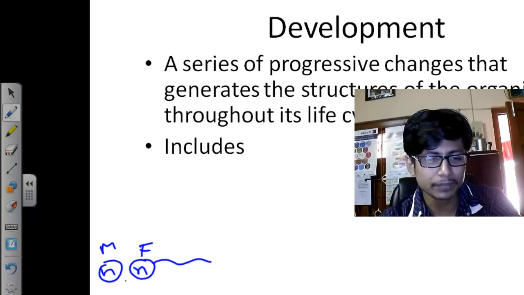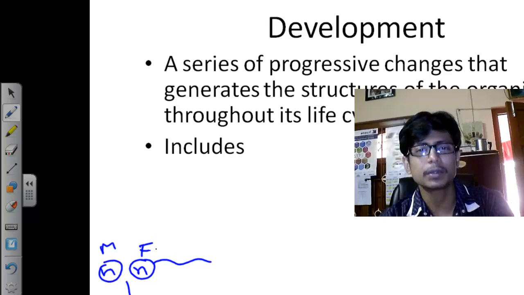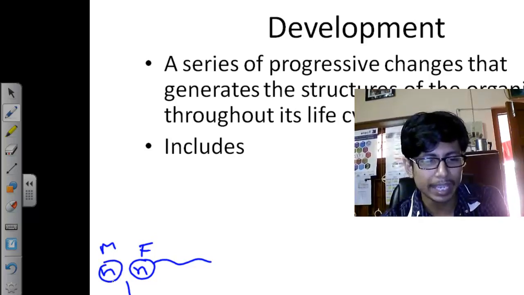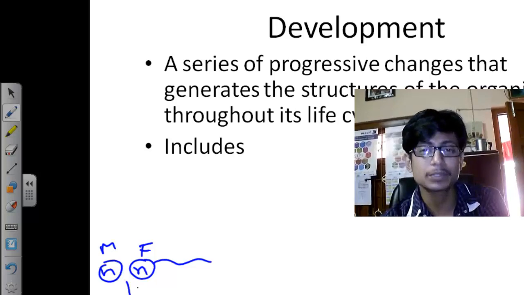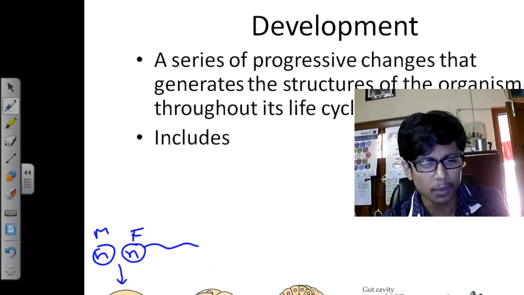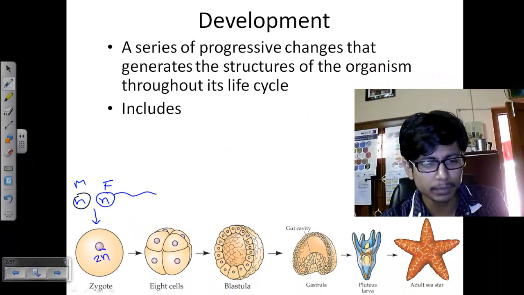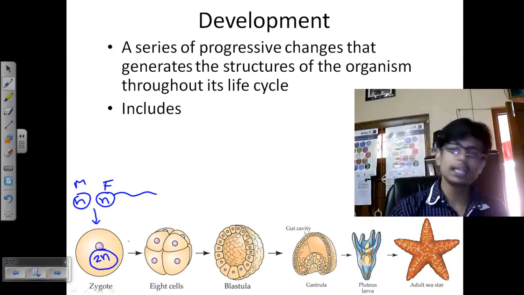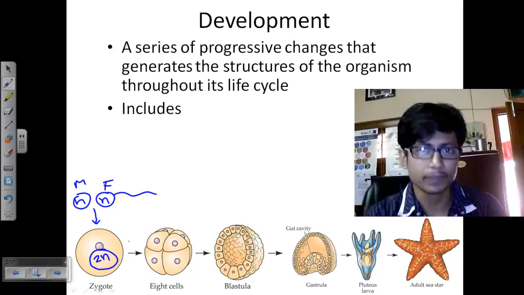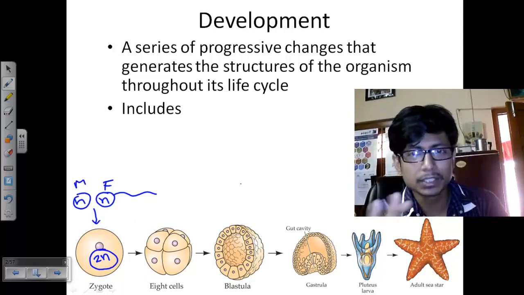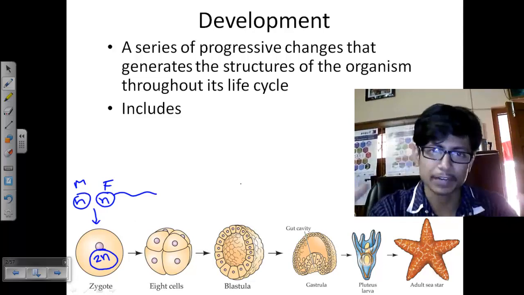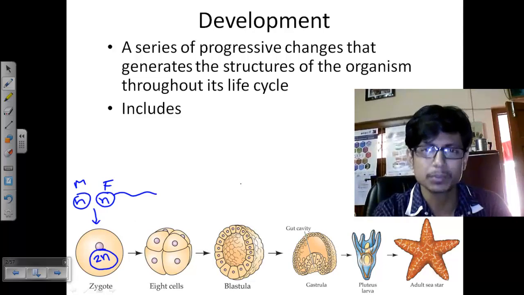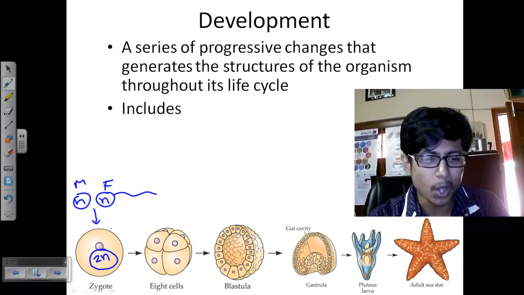When those two cells fuse together during an event called fertilization, the two sets of n chromosomes mix with each other, and now what they have is a larger cell containing 2n chromosomes. Though the cytoplasmic content of that cell is derived from the egg, the nuclei of both mother and father are fused and form a giant nucleus containing 2n chromosomes.